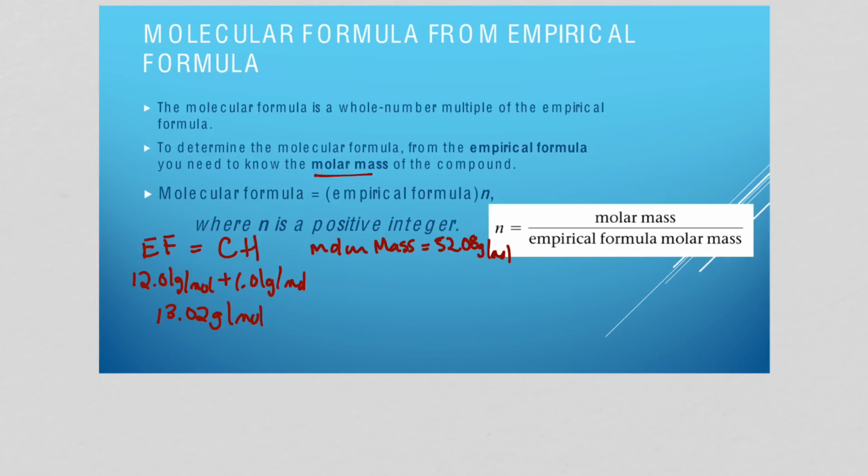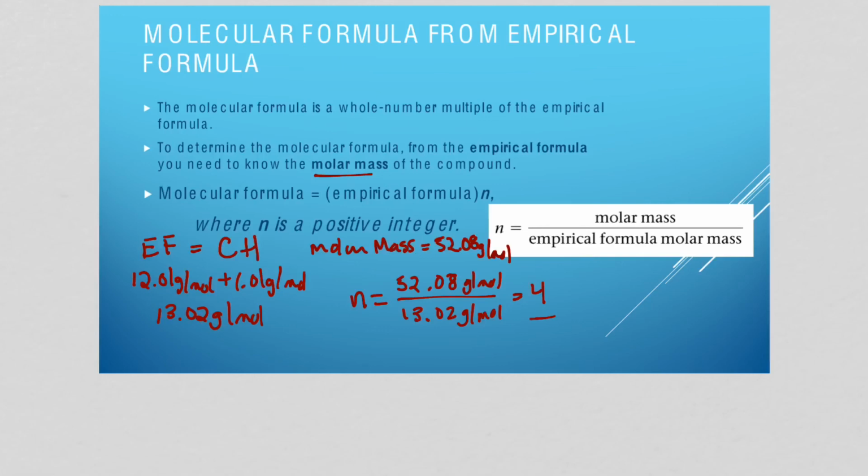So if I want to calculate n, it's going to equal 52.08 grams per mole divided by the 13.02 grams per mole. And if you do that, you get an n of 4.